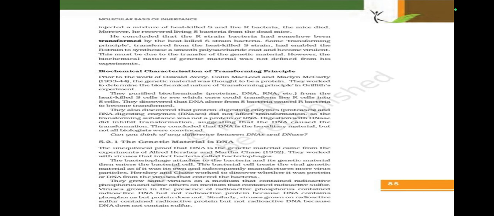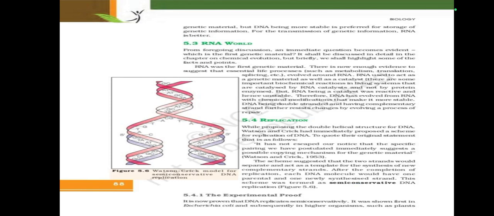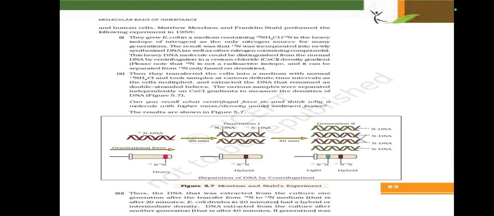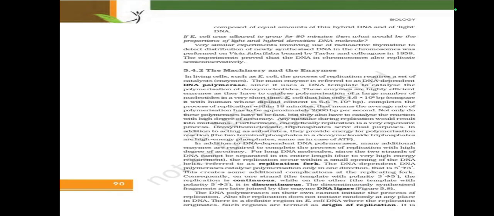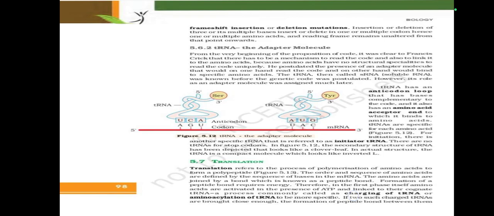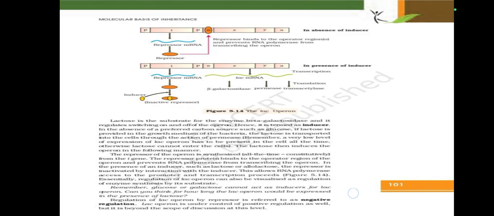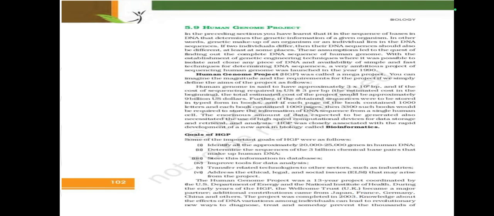The genetic material is DNA, RNA world, replication, the machinery and the enzymes, transcription, genetic code, mutations and genetic code, translation, regulation of gene expression, the lac operon, Human Genome Project, salient features of human genome, applications and future challenges, DNA fingerprinting.